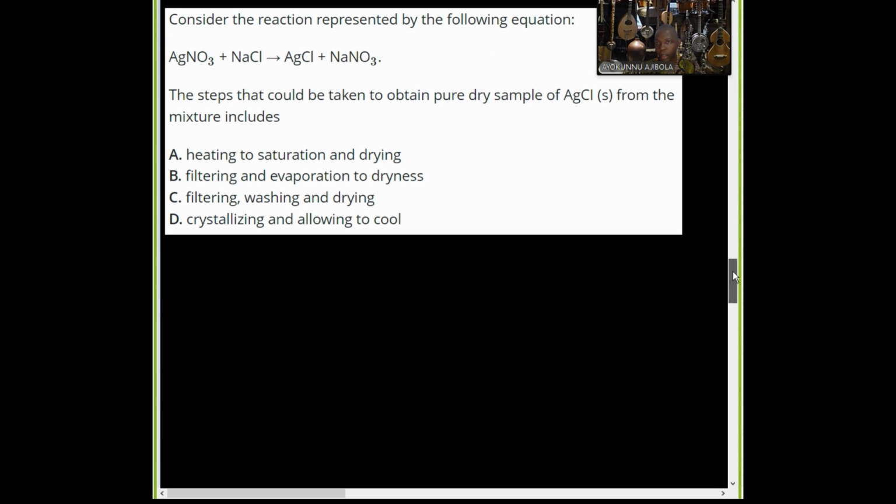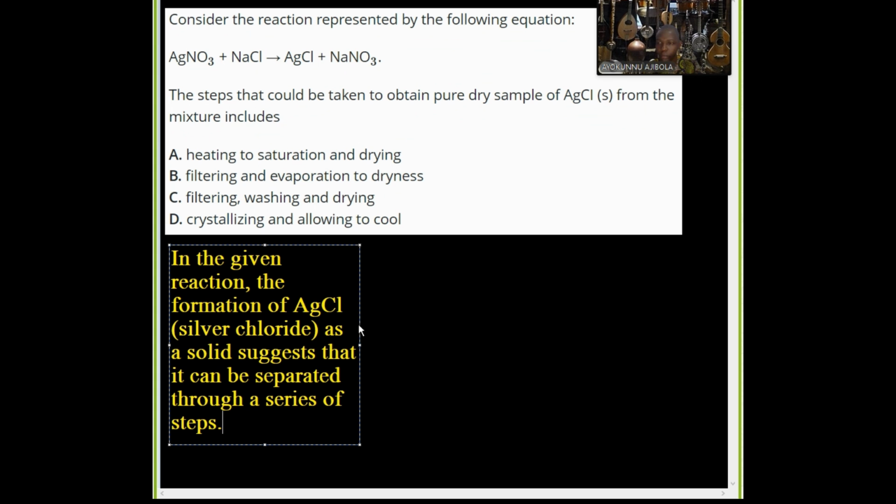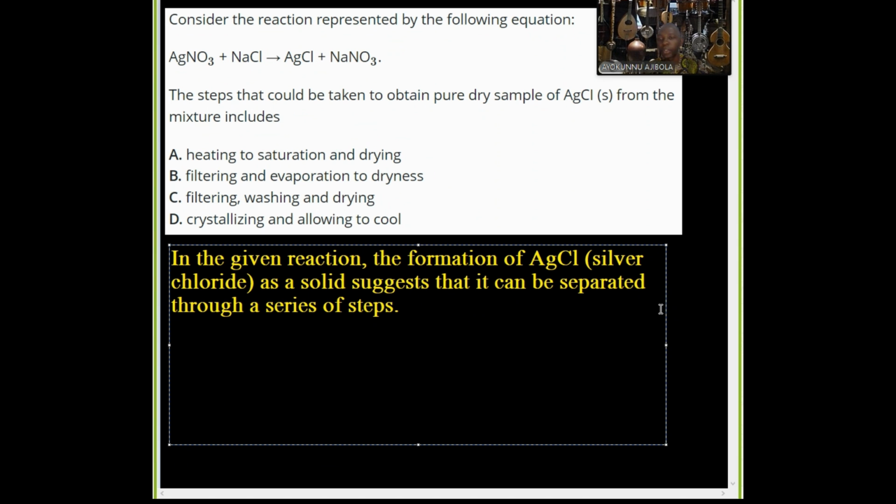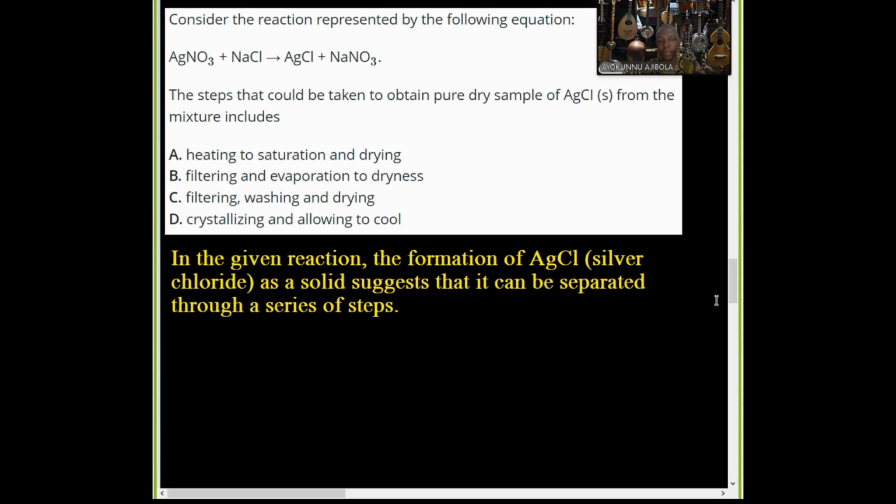Okay, let's look at the steps. In the given reaction, the formation of silver chloride as a solid suggests that it can be separated through a series of steps. Firstly, filtering is necessary to separate the solid silver chloride from the solution.